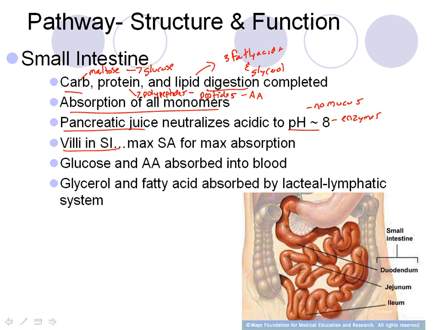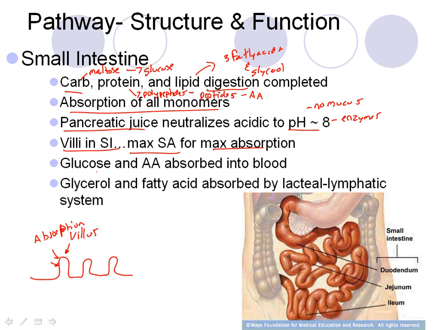We have these protrusions of the small intestine called villi, or villus for one of them. It has increased coils or finger-like projections, and what it does is it increases the surface area. This is where all the absorption takes place. So the more surface area equals more absorption.